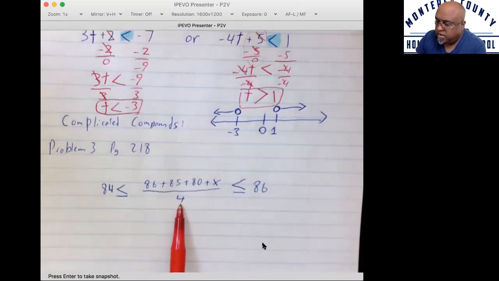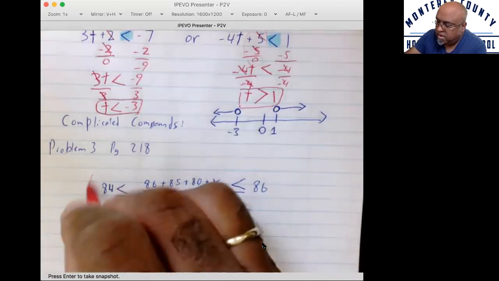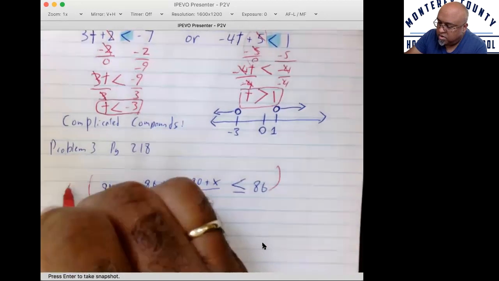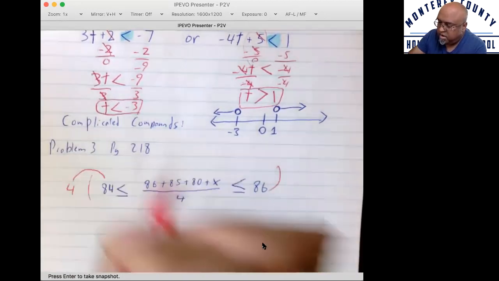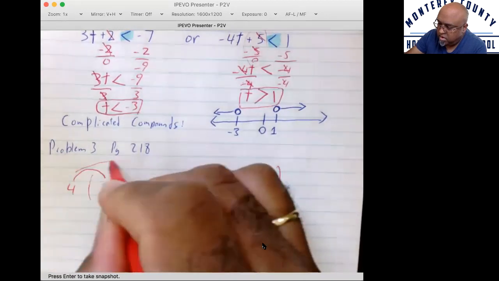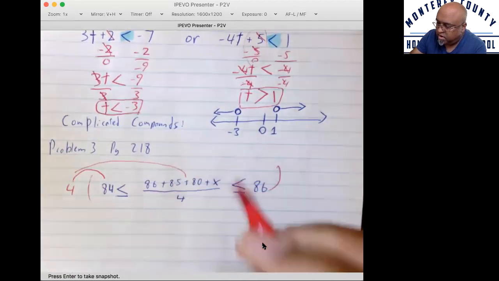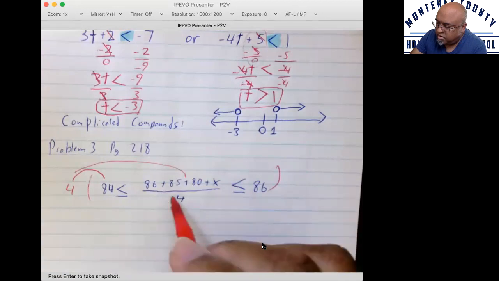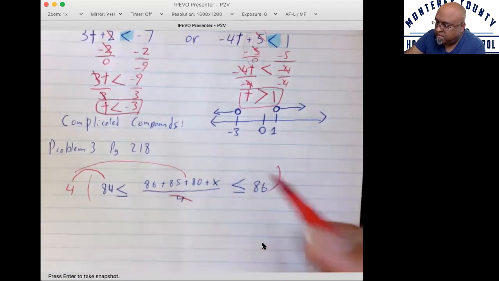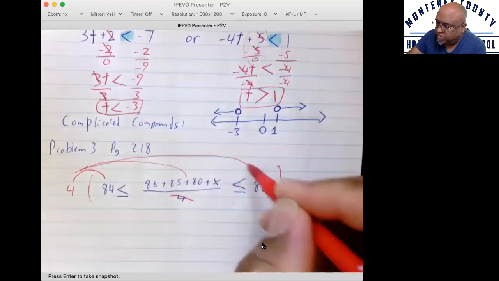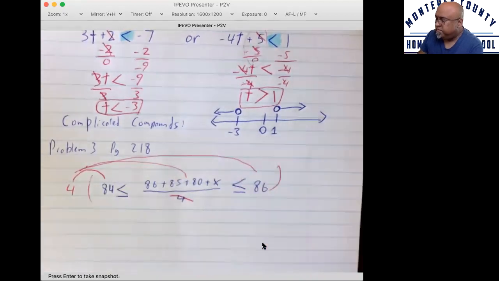How do we do that? We multiply the entire inequality times 4. So 4 times 84, 4 times this entire fraction, which basically is just going to eliminate that 4, and then 4 times 86.